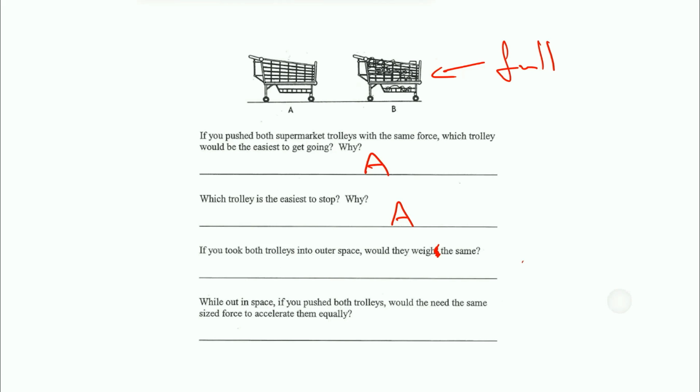And according to Newton's second law, for a bigger mass, if you want to get the same acceleration, you're going to need a bigger force. I should probably just finish the equation there. So if you have a bigger mass and you want to accelerate them equally, you're going to need a bigger force. Or if you had a smaller mass, you'll need a smaller force to get the same acceleration. There we go, Newton's second law of motion.